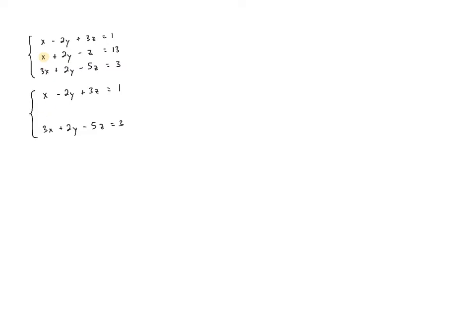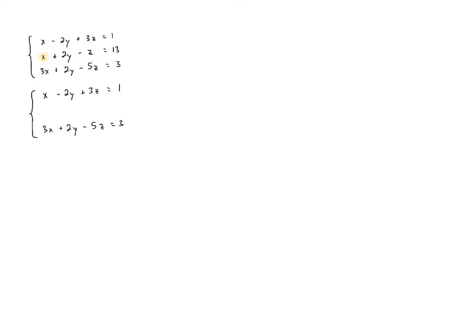Now there are a couple of row operations that we could do to eliminate this x here. One of them would be taking the first equation minus the second equation, because x minus x gives us 0. But that's going to end up giving us a negative second term, because we're going to have negative 2y minus 2y.